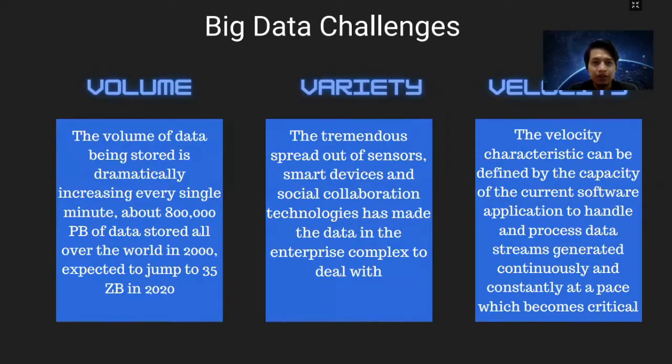And for variety, the tremendous spread of sensors, smart devices, and social collaboration technologies has made the data in the enterprise complex to deal with.